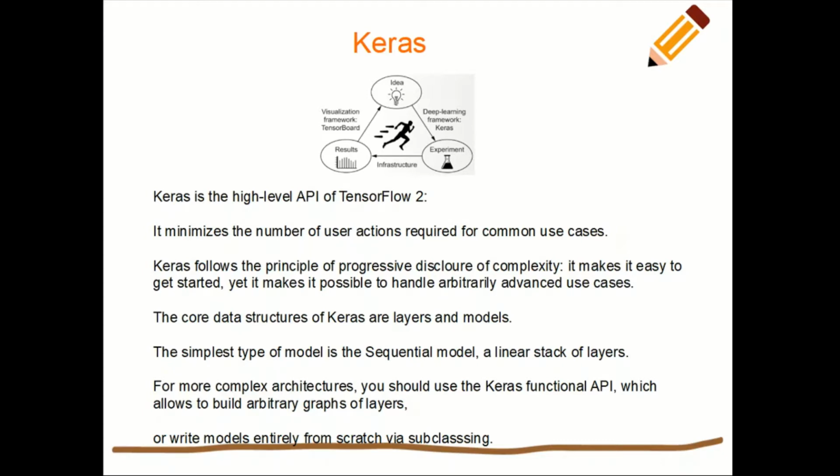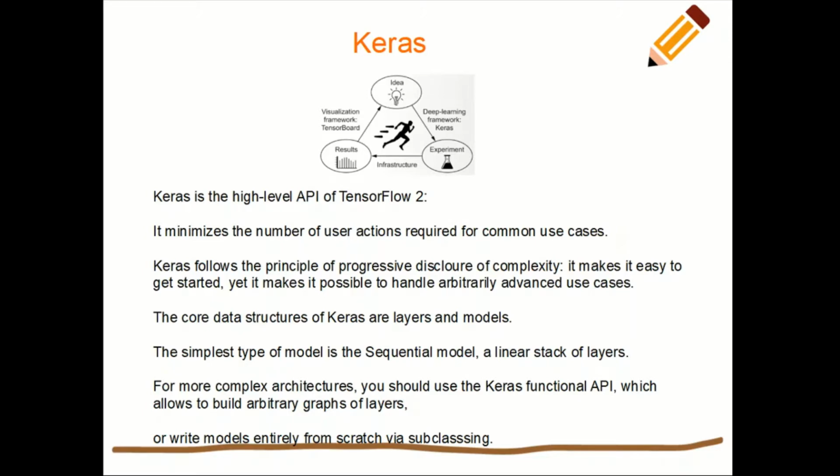And second principle is Keras follows the principle of progressive disclosure of complexity. That means if you want to extend Keras, you should be able to do it with the least amount of effort and as much as is exactly needed. So if you want to extend something, it should not happen that you have to rewrite the whole module or something of that sort.